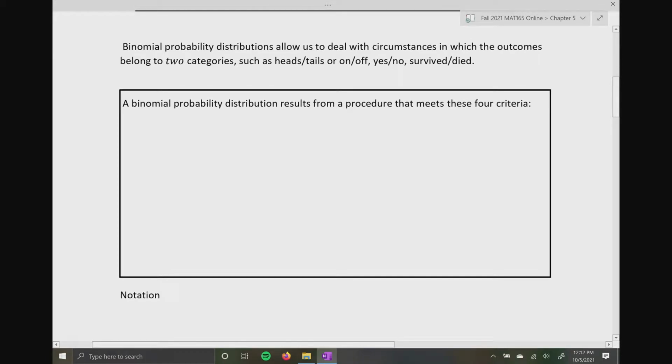So the binomial probability distribution allows us to deal with circumstances in which the outcomes belong to two categories, either heads or tails, on or off, yes or no, survived or died, okay? Now, there are criteria that we have to meet. The first one is you got to have a fixed number of trials.